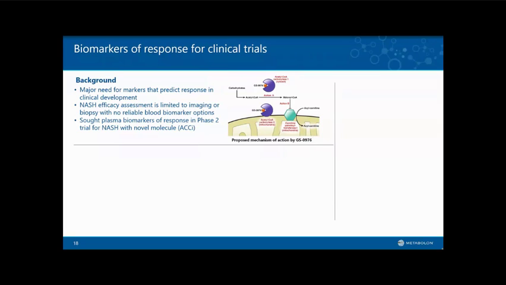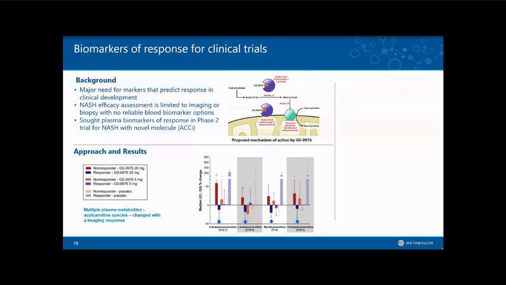So they were looking for novel biomarkers in blood of subjects in this phase 2 trial with this novel inhibitor against NASH, essentially an ACC inhibitor, or acetyl-CoA carboxylase. And just to quickly summarize, they screened about 700 or 800 metabolites, and there was one cluster that actually tracked with response, so imaging response, and it's shown here in this plot. This cluster of metabolites happens to be acyl carnitines.